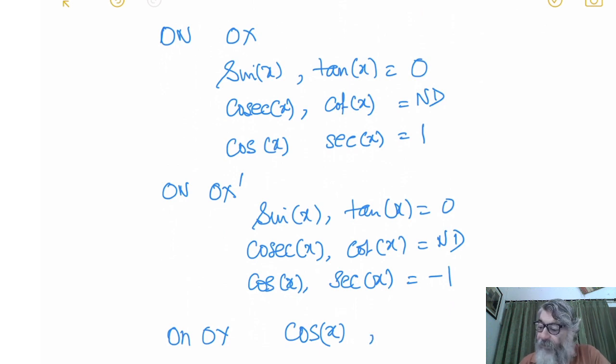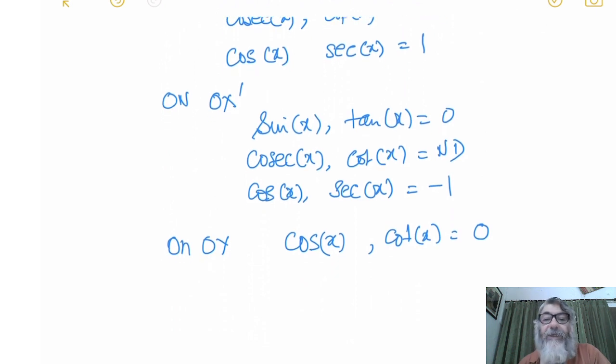So cos x and cot x will be 0 here, because cos 90 is 0; we said odd multiples of pi by 2 give 0. Cot is cos upon sin, and sin 90 is 1. So cos 90 upon sin 90 is 0 upon 1, which is 0.